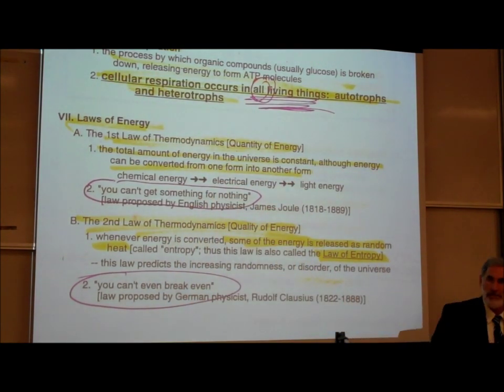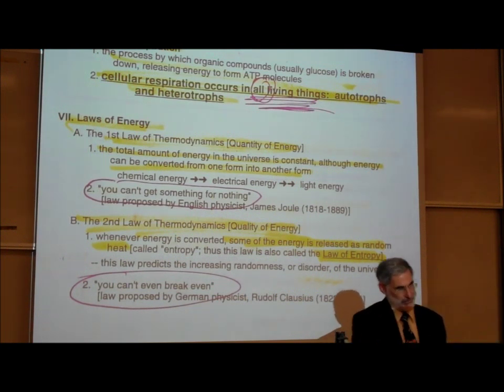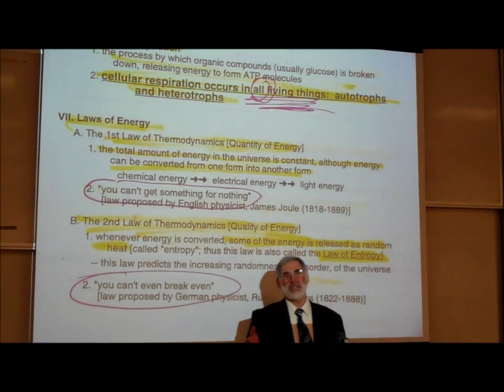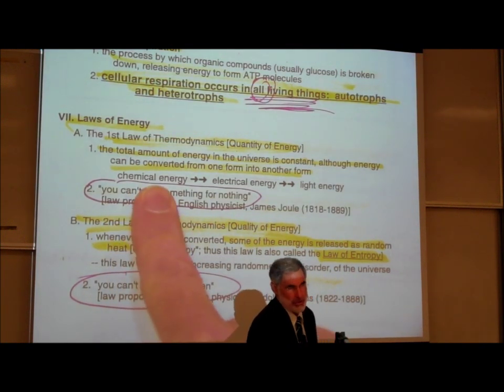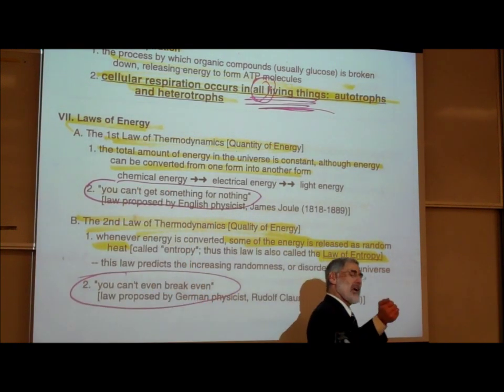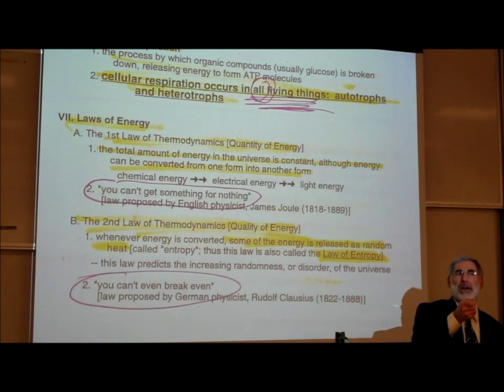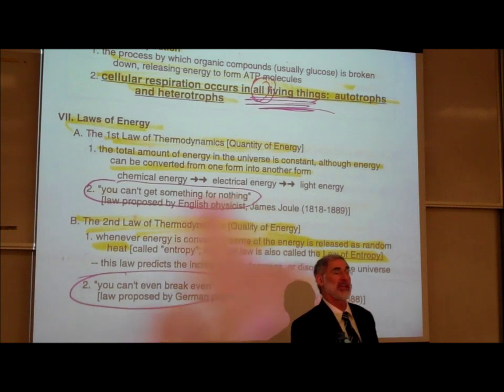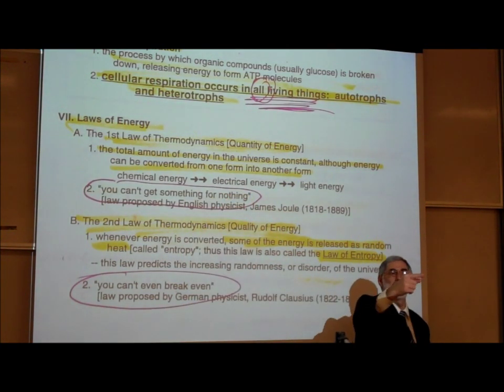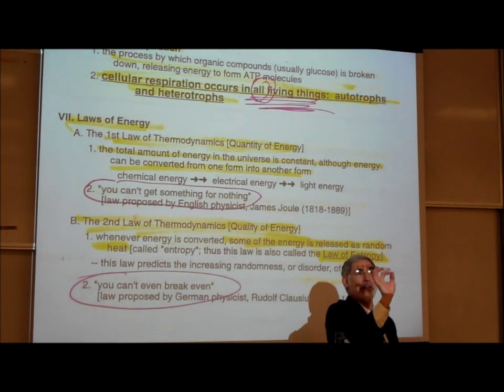So, for example, if you have a flashlight, what powers your flashlight is a battery, and in that battery is stored chemical energy. When you turn on that flashlight, that chemical energy starts to be converted into electrical energy, because there's actually an electrical current moving through a wire that goes to that little light bulb.